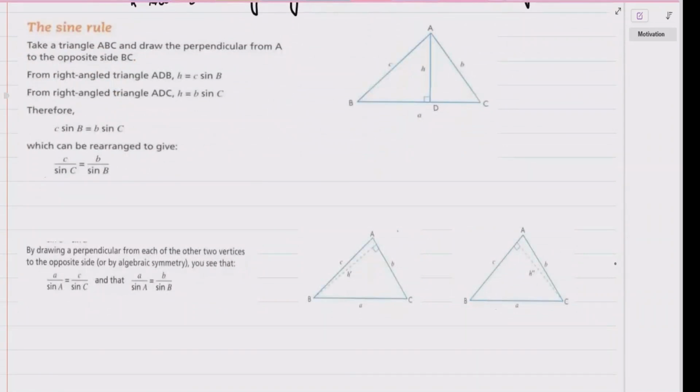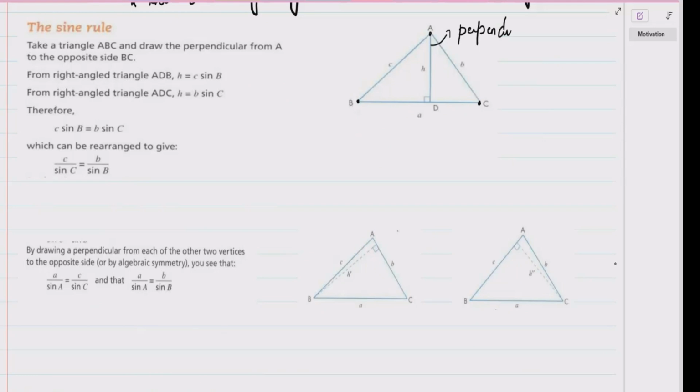So let's suppose we have this triangle, right? This triangle has this point called A, this point called B, this point called C, and the side in front of point C is small c, and the side in front of point A is small a, and likewise b. Let's suppose I draw a perpendicular line.